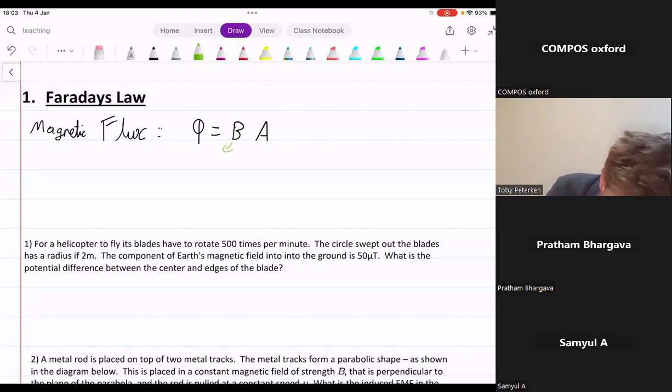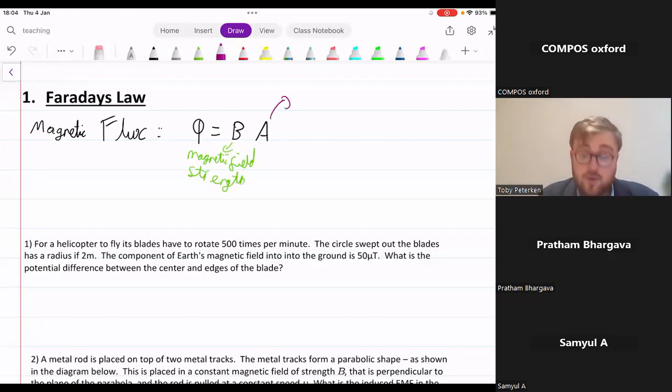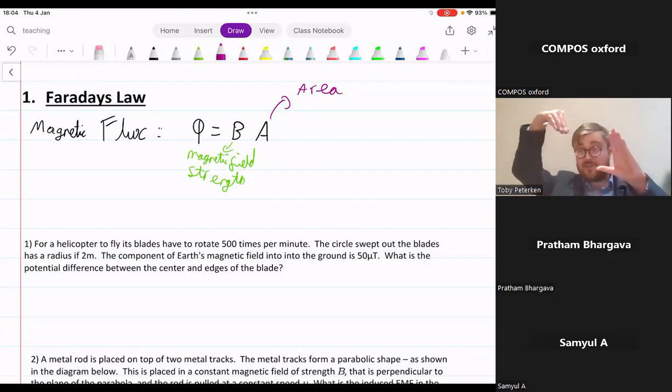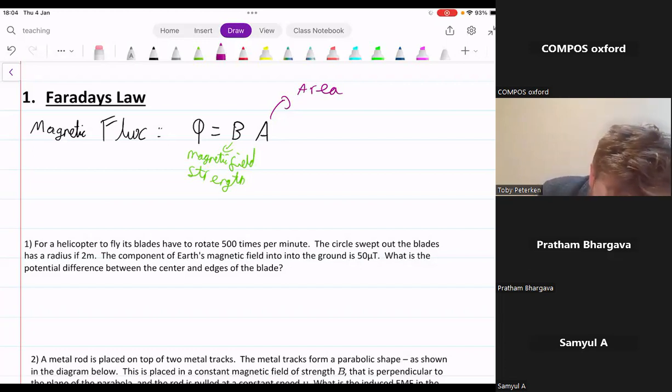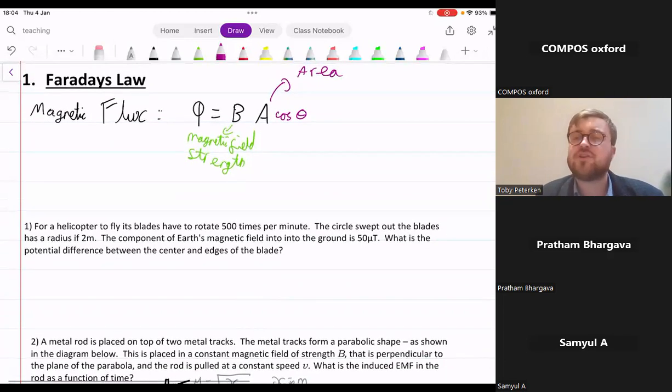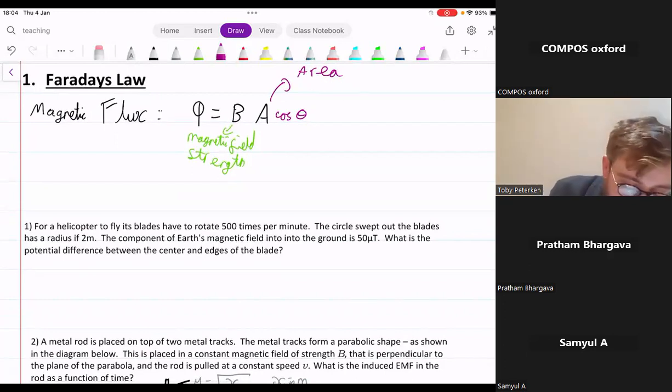This is the perpendicular area. Everything will be perpendicular to the field, but if the field were at an angle, you would need to take that into account. There'd be an extra cos theta in there, but I put it in purple because it's not going to matter. Everything is going to be perpendicular today.